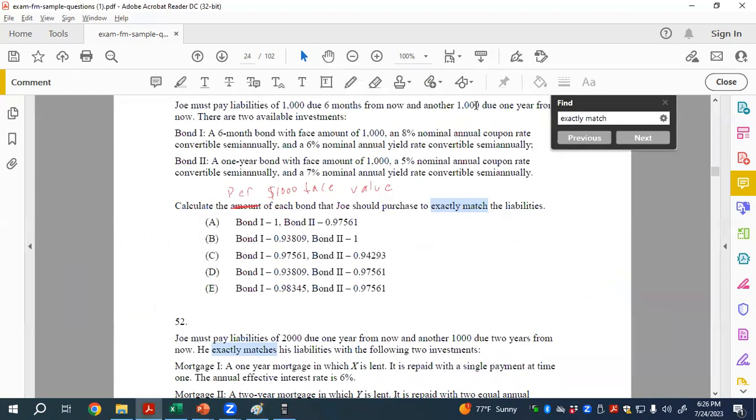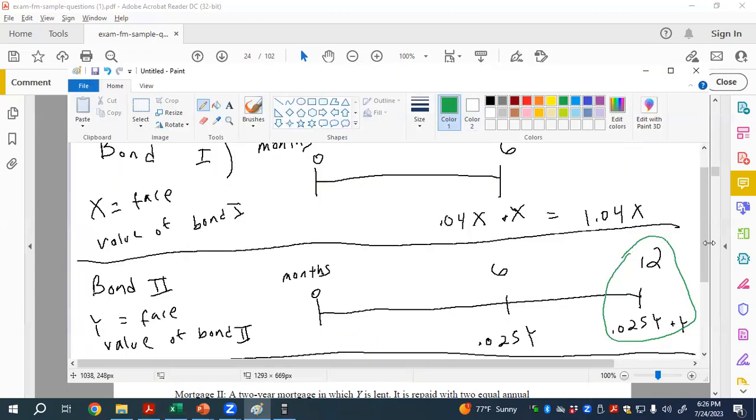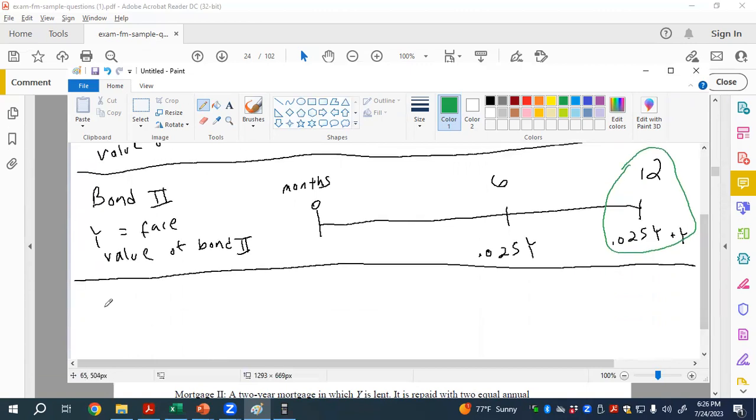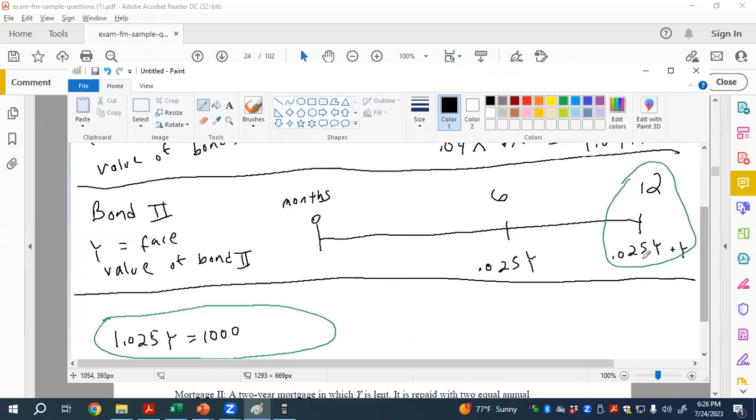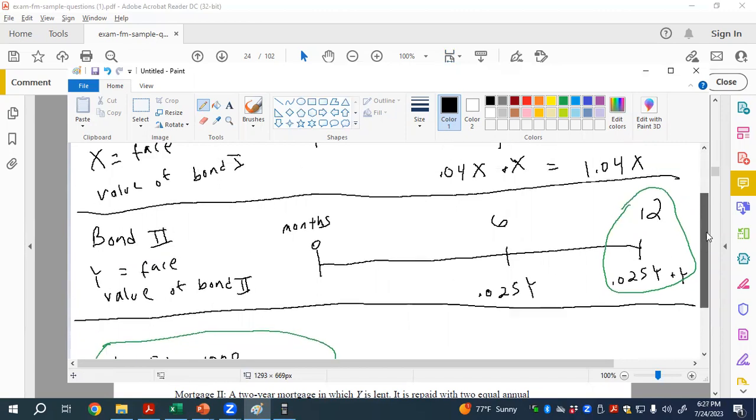And we have to have $1,000 for what's due in 1 year. So we have no other choice. So 1.025y has to equal $1,000. Again, we're matching the 1-year liability. We have nothing else to match the 1-year liability except for what we get at the end of the first year from bond 2.